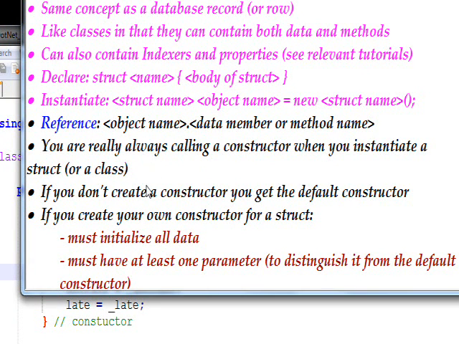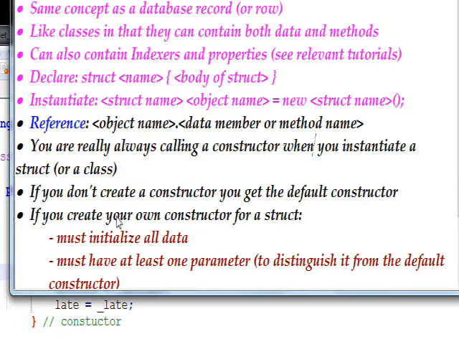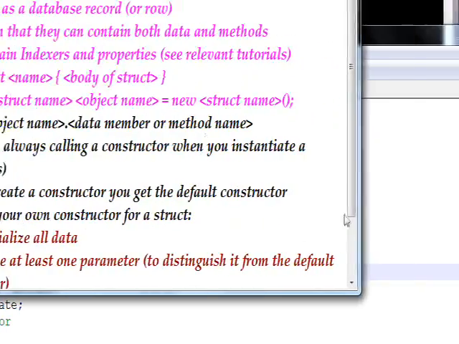But as you saw in our example, what we want to do is pass data to the constructor and initialize all the data, so that when we say new, we've created a record that has valid data in it. If you don't create a constructor, as we did, you get the default constructor, which just initializes everything to 0 values.